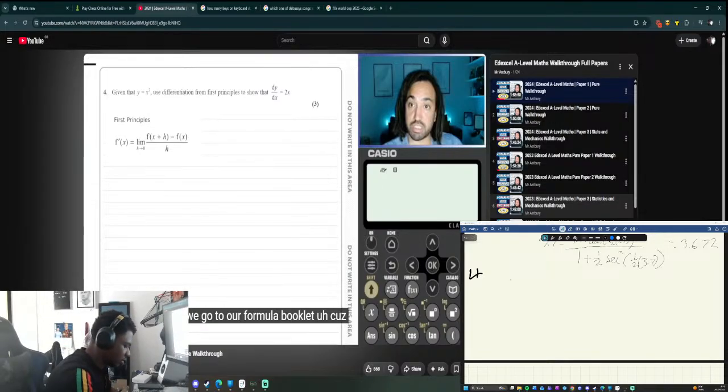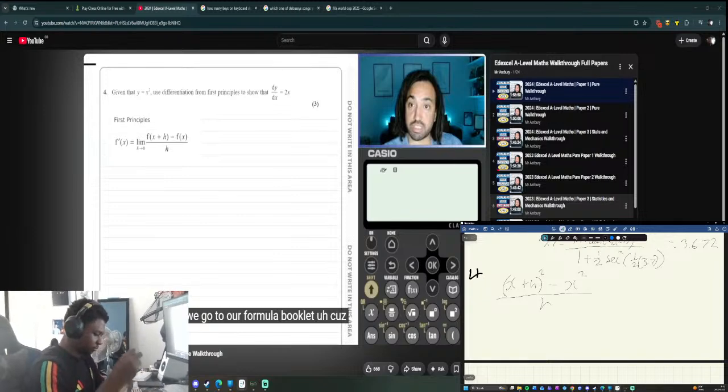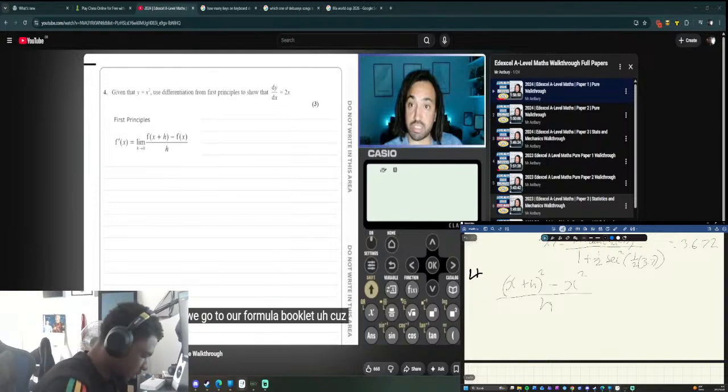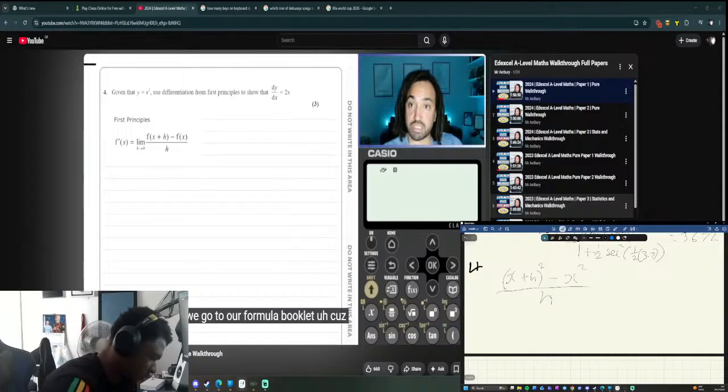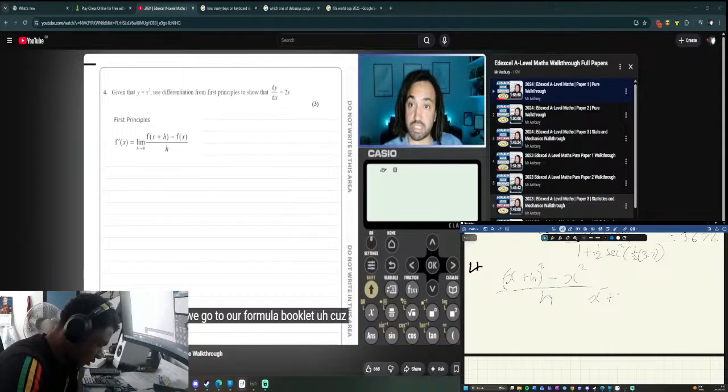So it goes like this. It'll be x plus h squared minus x squared over h. And then that turns into x squared plus 2xh plus h squared minus x squared over h.